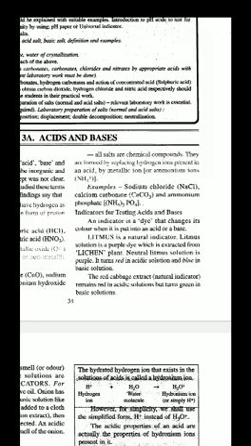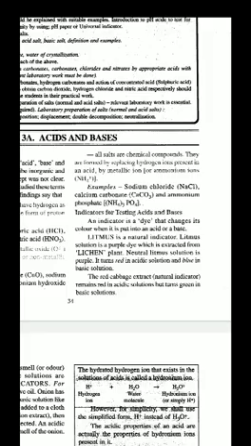Children, how can we know that a particular substance is an acid or a base? By testing with indicators. Indicators are substances which give a specific color in the presence of a specific substance. An indicator is a dye that changes its color when put in an acid or base.